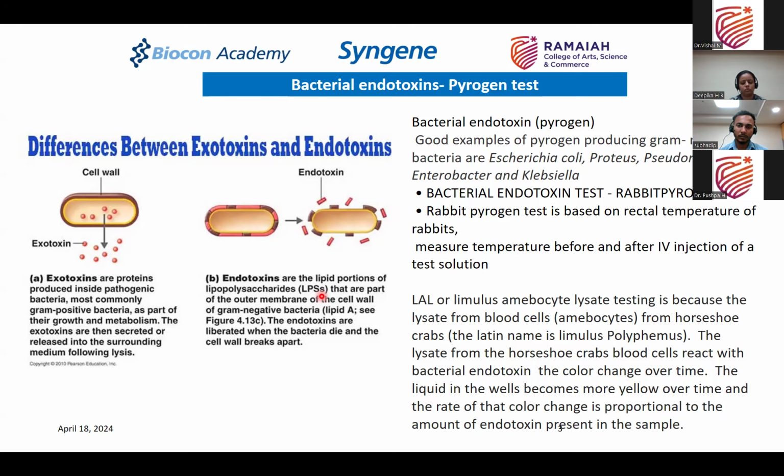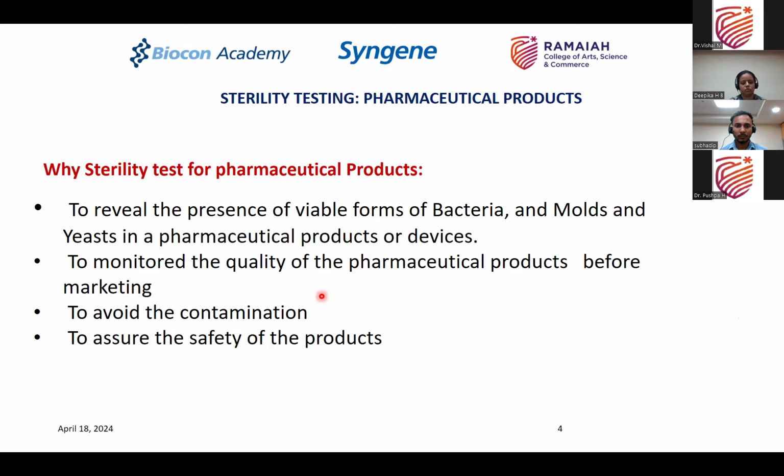Next, let us go to the microbiological testing, where our target is to see the microorganisms in the given sample. How can we do this, and why do we have to do this testing? The main purpose of performing the sterility test for pharmaceutical products is to reveal the presence of viable forms of bacteria, molds, and yeast in the pharmaceutical products or devices.